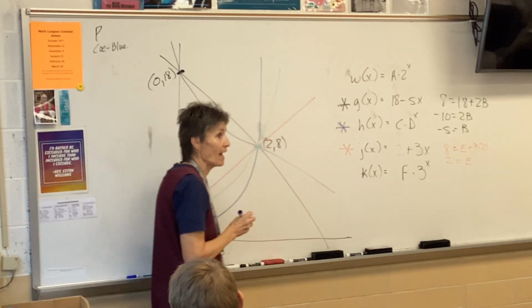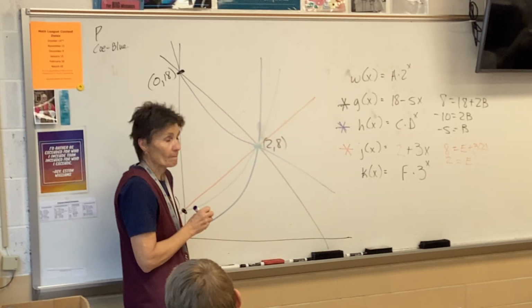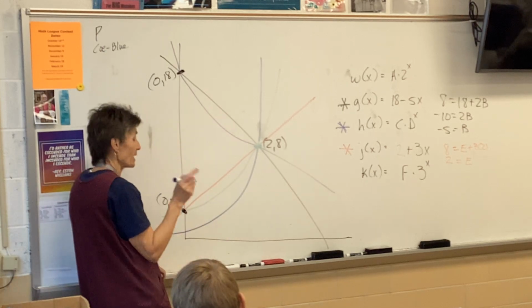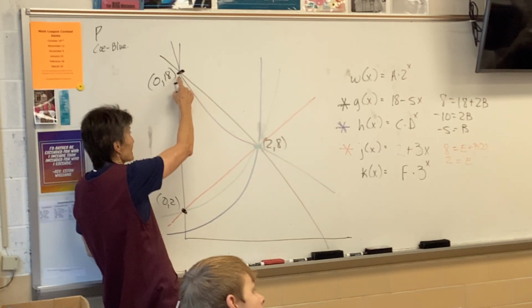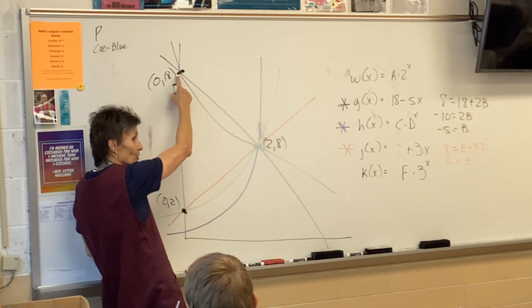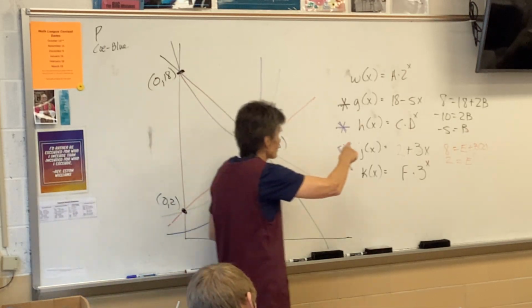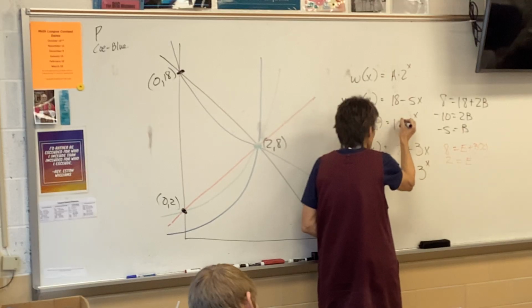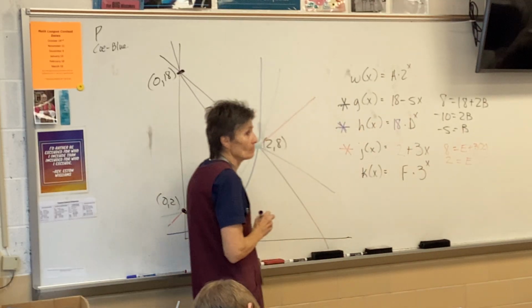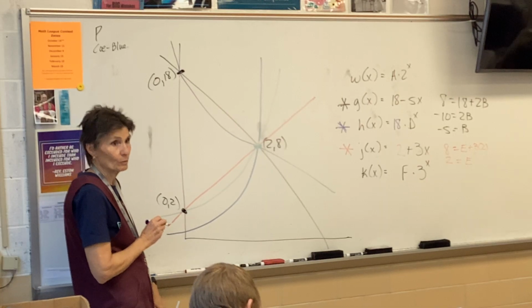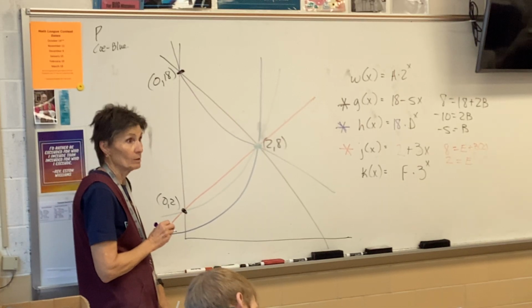Would you agree with that? And the purple one, as Tyler pointed out, has an initial value of 18. So C has to be 18. Remember, the initial value means X is 0.